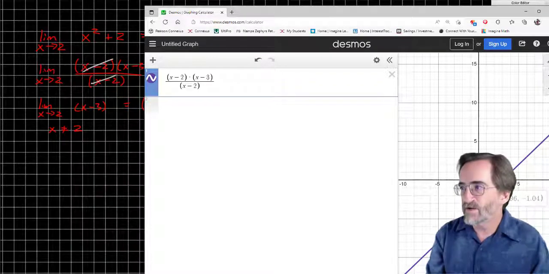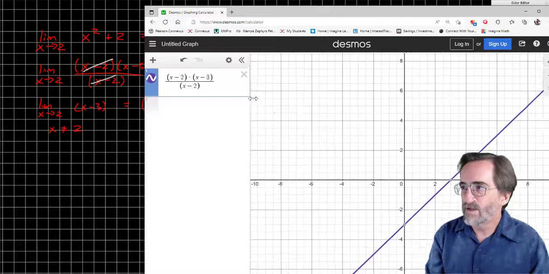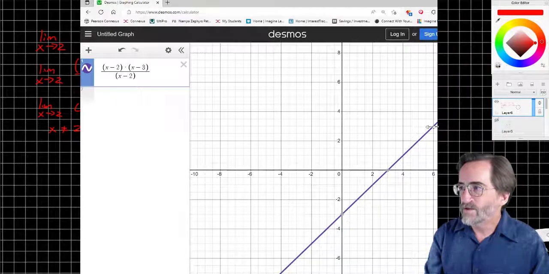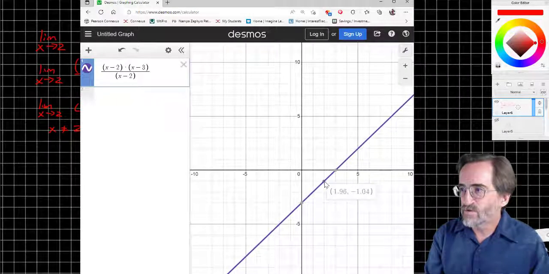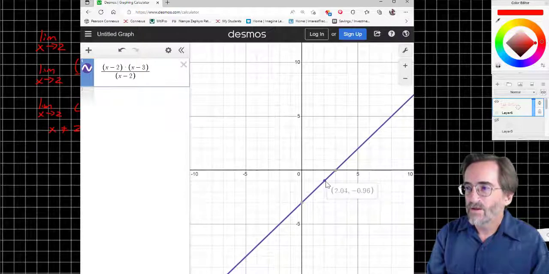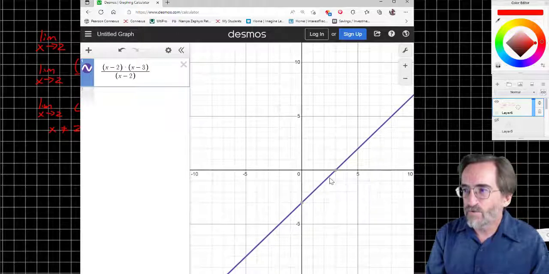It's undefined, right? And I'm realizing my head is covering that up here. That is undefined at 2. So right there, there's a hole.